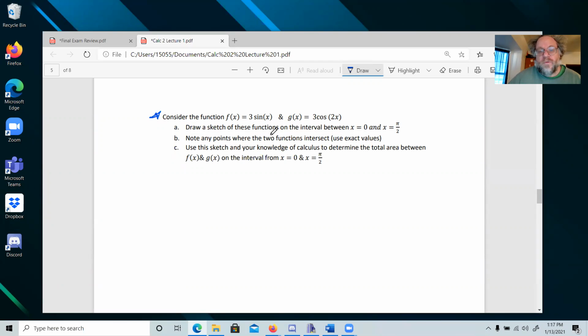And then note where your 2 functions intersect, because we're going to be figuring out the area between these 2 things. So you have to know this. And then we're going to sketch, and use your knowledge of calculus to determine the total area between these 2 functions on this interval.